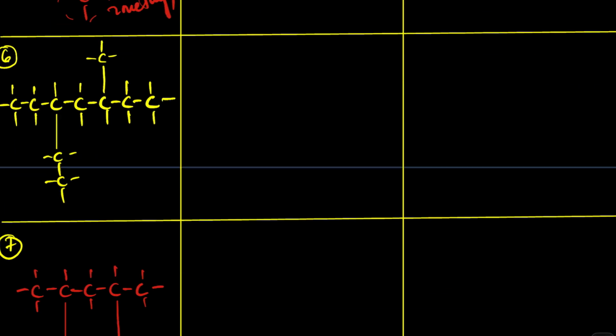Okay, fine. Let's go to this one. So the longest here is this or this. So let's take the simple one, this one. So now we have our parent, which is this one. Our stem is that one. It has 7. So we look at the ends of carbon from this side, 1, 2, 3.